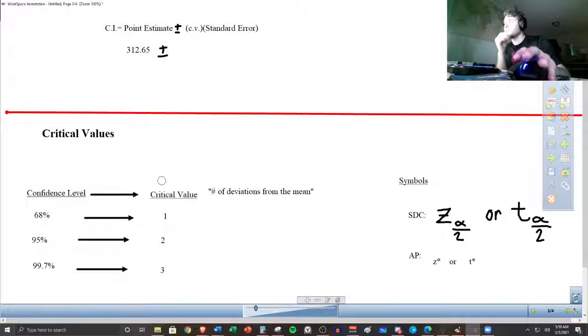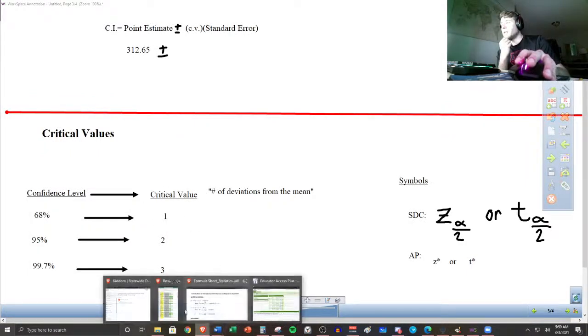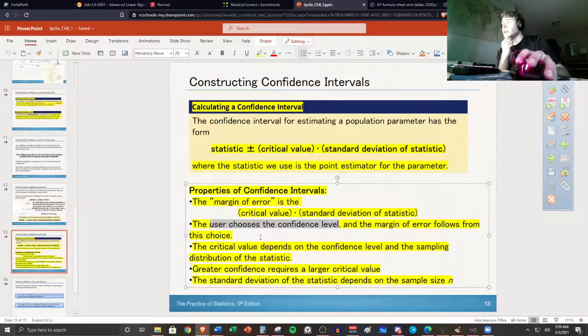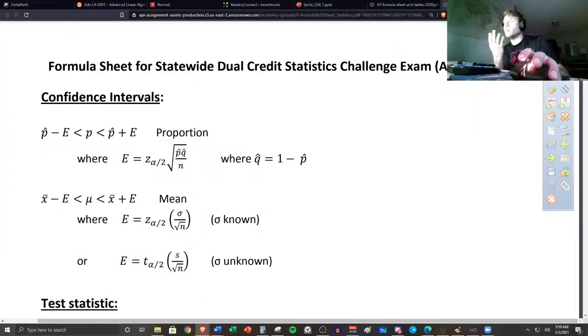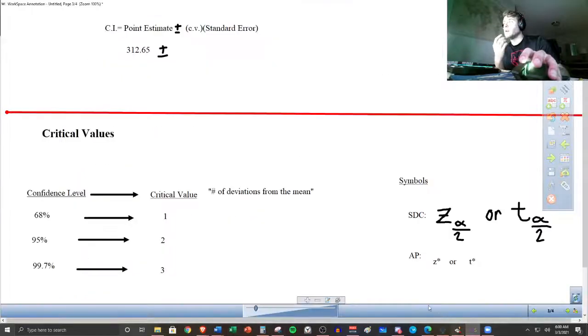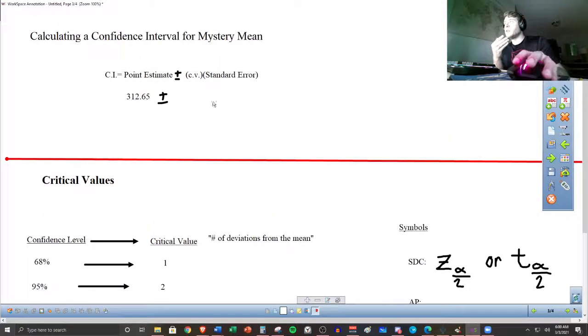Well, how do I pick which one to use? So we go back over here to our notes, and it says the user chooses the confidence level. So what kind of confidence level do we want? Do we want 68, 95, or 99.7? Well, we're actually going to create all of them, so we're going to see what they all look like.